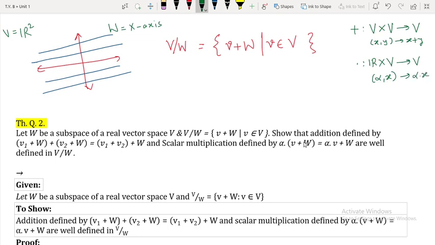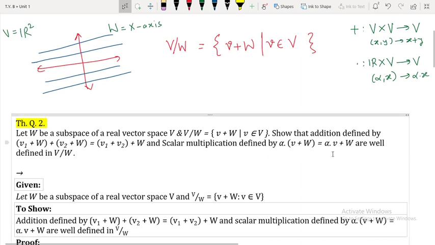There is one difference between those and the ones given here. Those were defined on the vector space V, but here they are defined on the set V mod W. Whatever addition and scalar multiplication are defined on V mod W, we have to show that they are well defined.